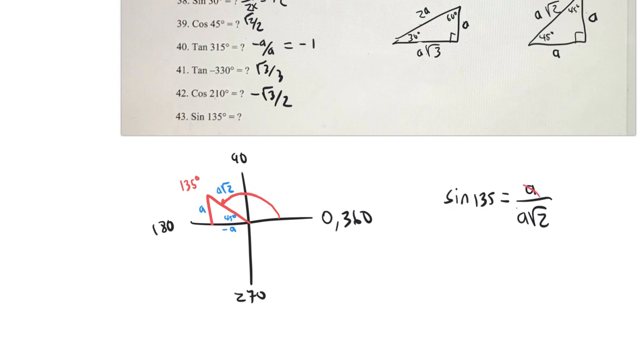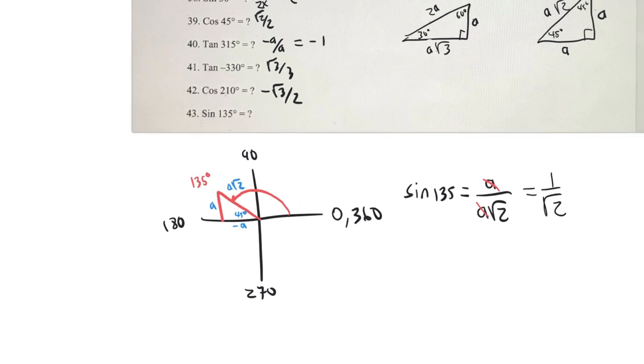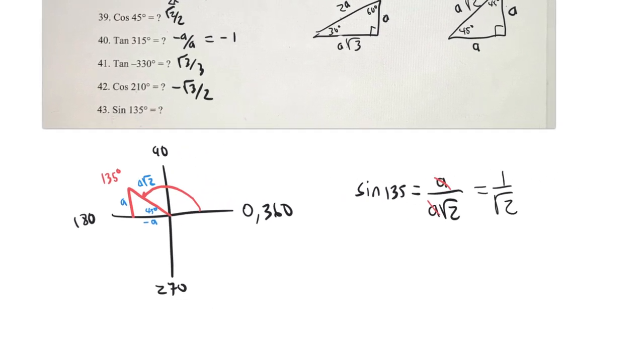The A's would cancel. Next thing you know, you have 1 over radical 2. And then at that point, you could multiply the top and bottom by radical 2. Next thing you know, you have radical 2 over 2. And that is the answer to that one. So radical 2 over 2.